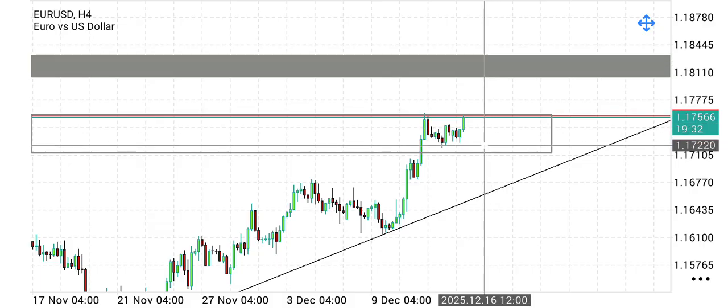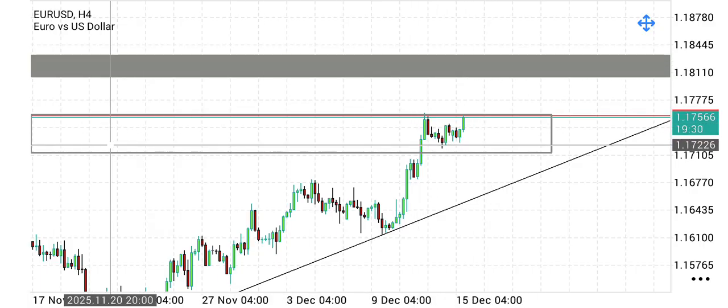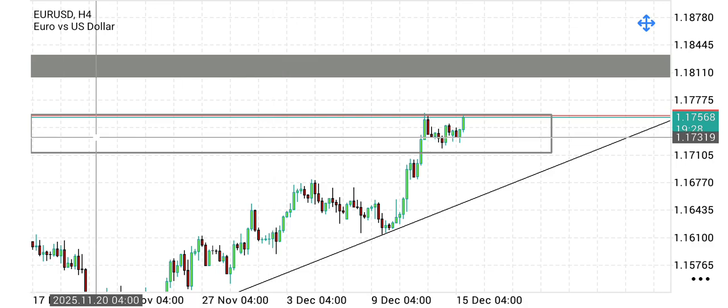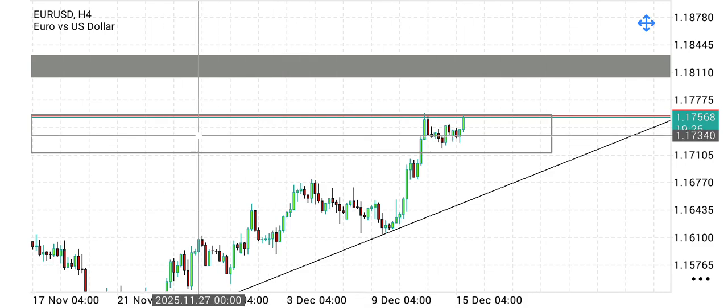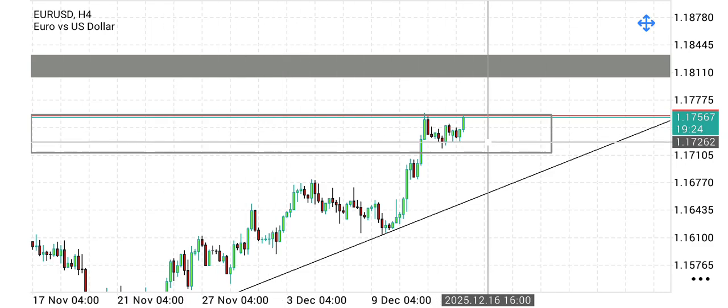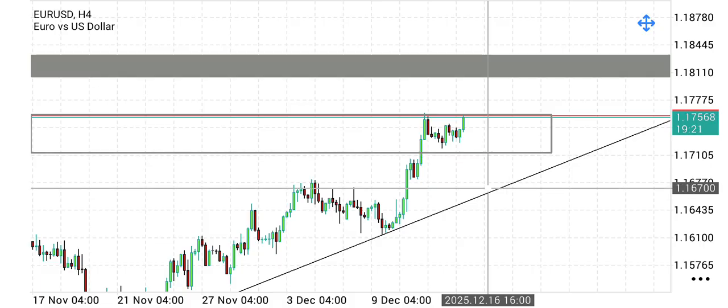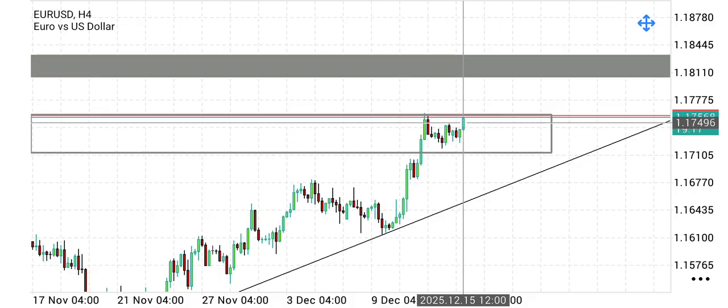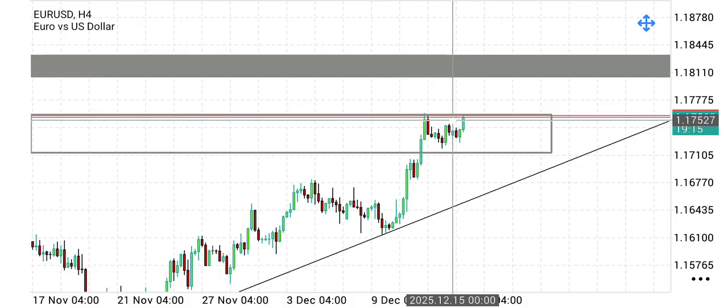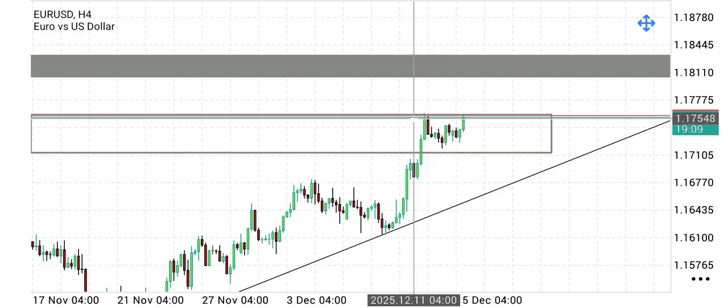But right now, because I know this consolidation was a strong choppy market, what I'm anticipating is that the market will create a double top, sorry, not a double bottom, a double top inside of this consolidation box.